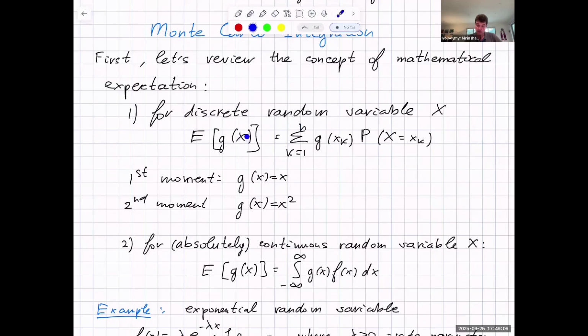If I have x as my random variable and I want to find the expectation of some transformation of x, it could be x itself, it could be x squared if I want the second moment. So g is just some function you apply to your random variable. Then the expectation is a weighted sum where you weight all possible values of this function by their corresponding probabilities, right? So it's just a weighted average.